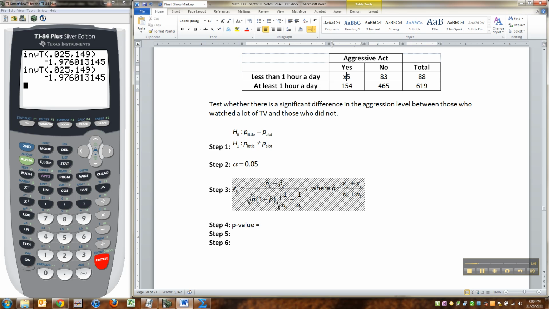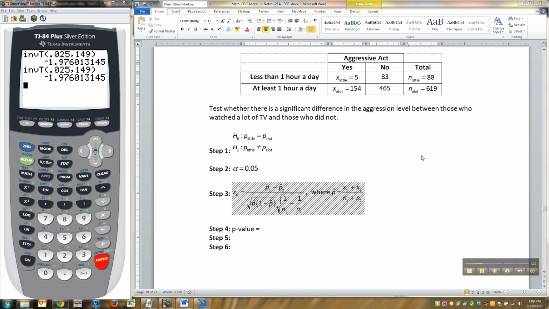Let me label it x1 equals this. And then n1 is over here, because we're saying p for a lot, p for a little. So this is x for a little, this is n for a little. Let me type that in. There we go. So x for a little, x for a lot, n for a little, n for a lot. And that will give you your proportions.